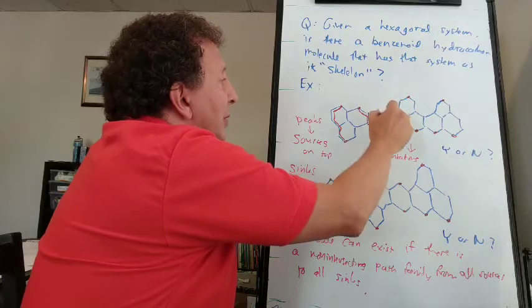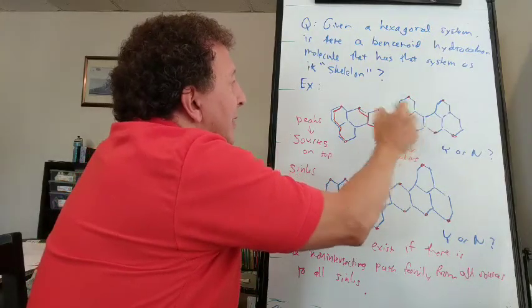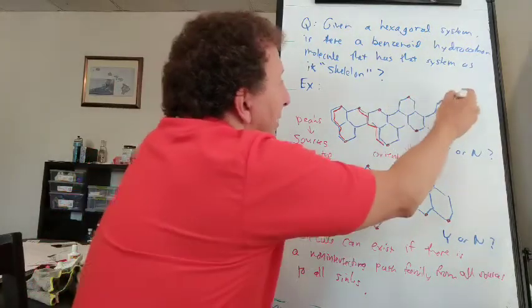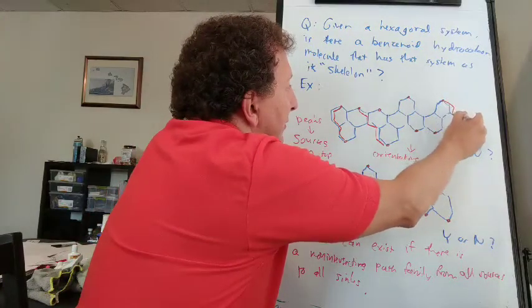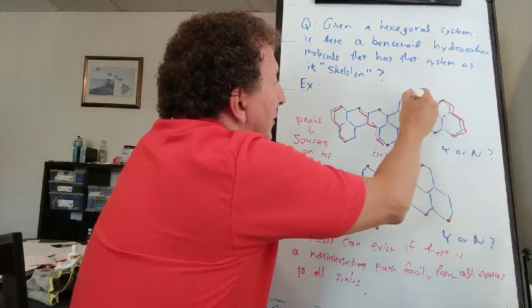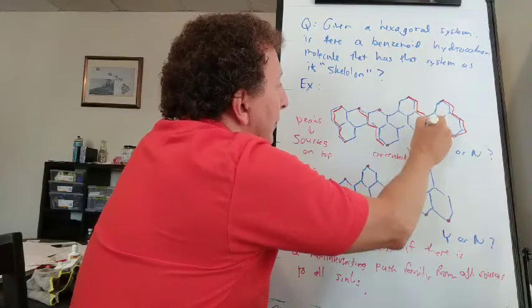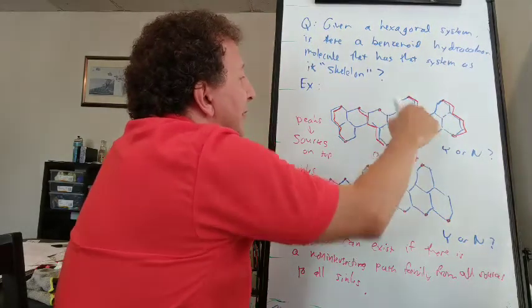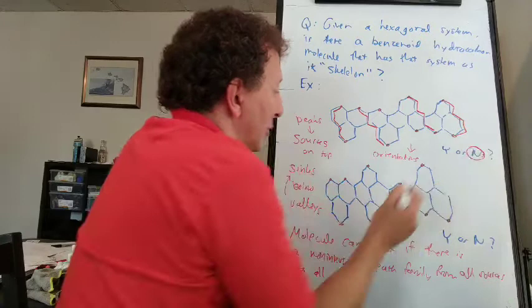So if we just go down, we're not going to be able to get from this source to that sink. I think we can do all the other ones. We can't get from this one to that one, so the answer is no here.